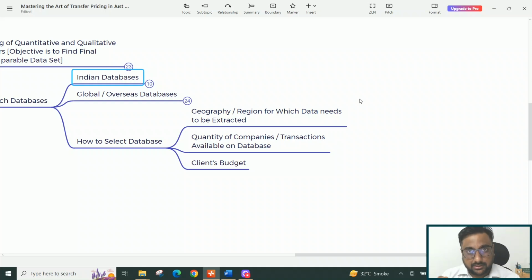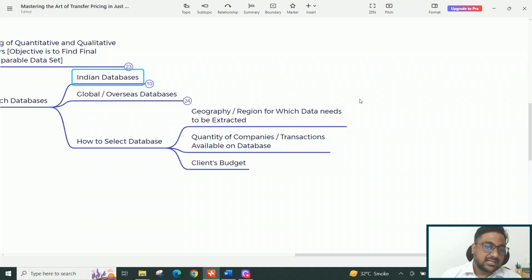You need to tell your efforts which will be put in for this, plus the database cost as well, and then appropriately factor that into your client's budget and tell the client that this will be the cost. In 90% of cases it will be similar, and other TP consultants would also give a similar cost to the client, because obviously if they are compromising with the quality, then the cost may differ, but nobody would do that under transfer pricing consultancy.